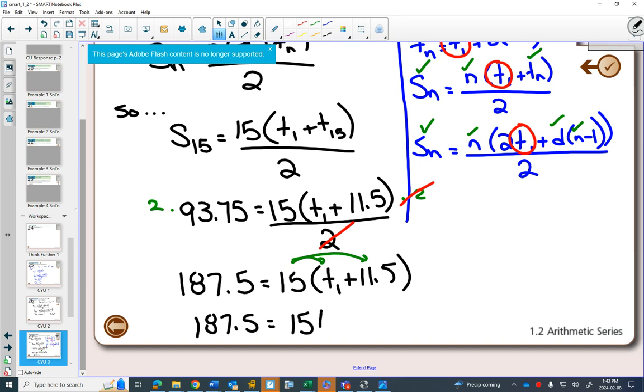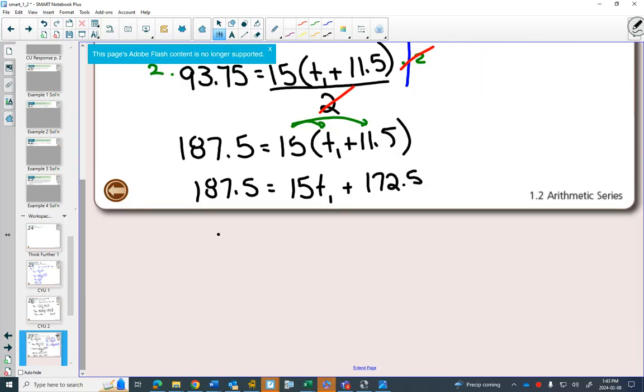I get 15 term 1s plus 15 times 11.5. I'm going to go to my calculator for that one. 172.5. Subtract 172.5. And we get that term 1 is 1.